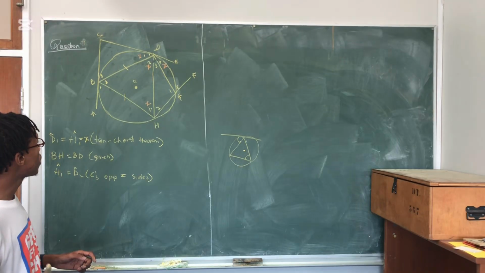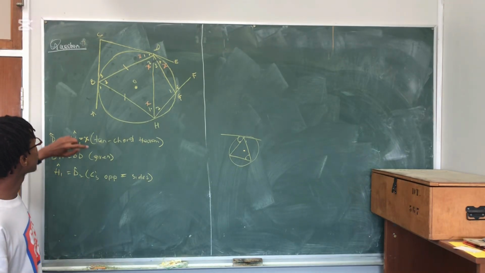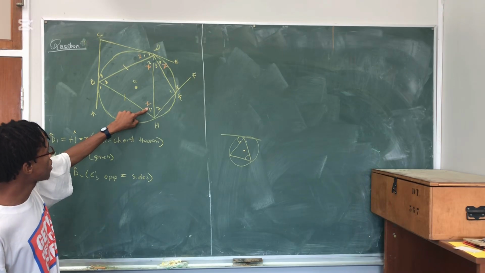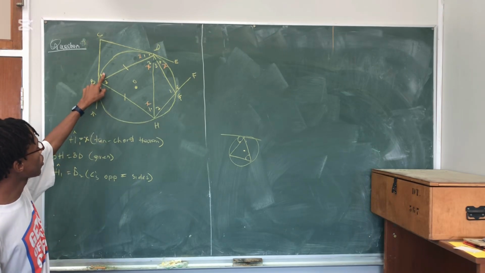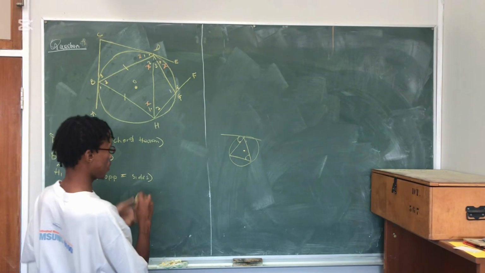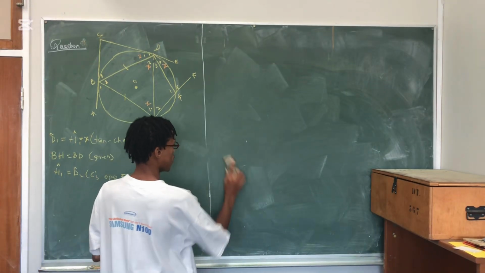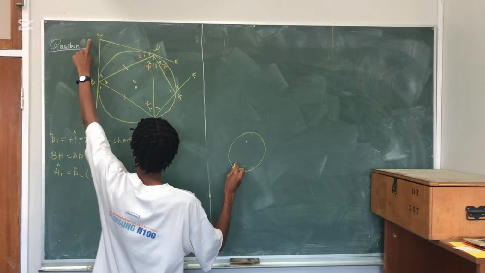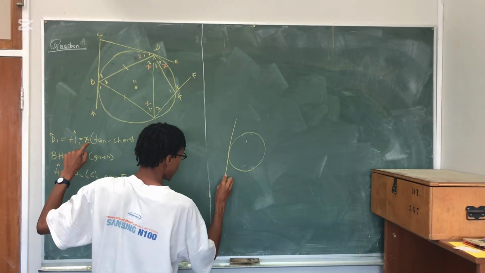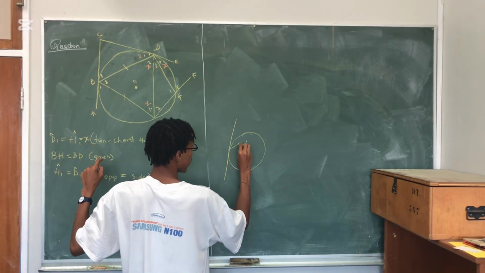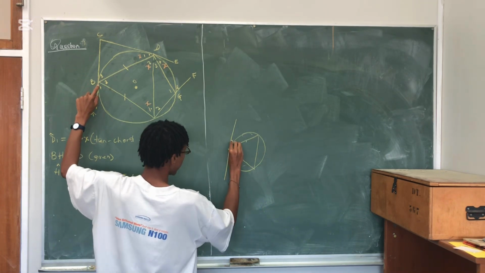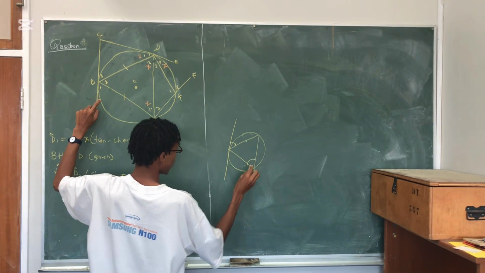Another one that we can do is this one. This angle can be equated to this, the same tan chord. We isolated CA is a tangent. We have our triangle. This angle is equal to this angle.